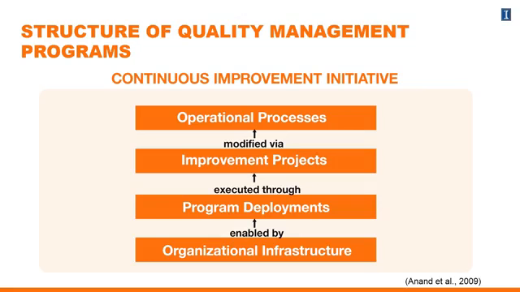There has to be time given to it. There has to be an infrastructure in place in terms of people who are experts in these deployments and who have different roles in this deployment. So there's a superimposed infrastructure, a superimposed organizational structure dealing with the program like Six Sigma or Lean, superimposed on top of the normal organizational chart.